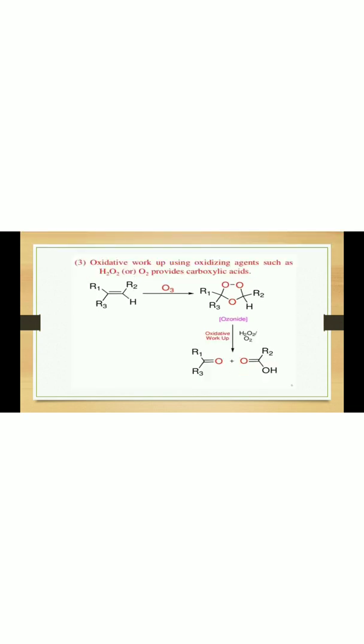The next case is the reductive workup using strong reducing agents such as lithium aluminum hydride or sodium borohydride. The same process forms an intermediate ozonide, which on further strong reductive workup will give alcoholic products. The next one is the oxidative workup using oxidizing agents such as hydrogen peroxide or oxygen. It will also provide an ozonide intermediate, which on further oxidative workup will yield a carboxylic acid and a ketone.